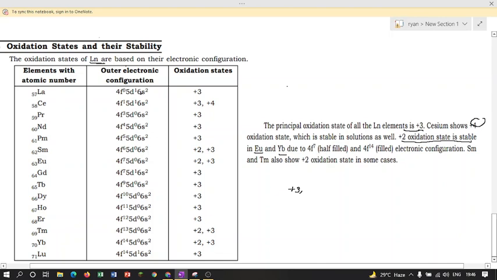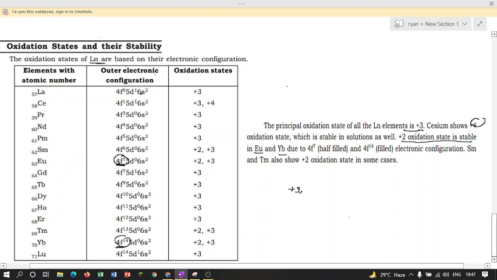Therefore, here you can see 4f7 half-filled. Then here also you can see 4f14, completely filled.